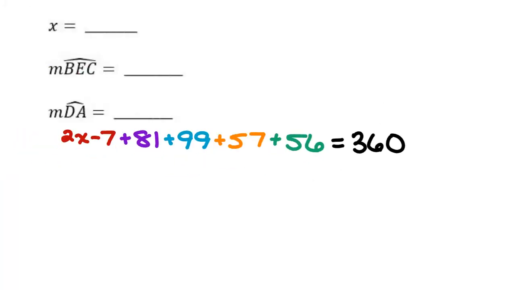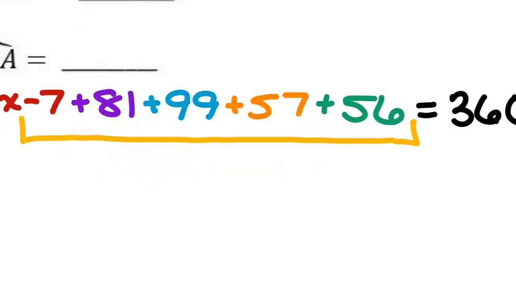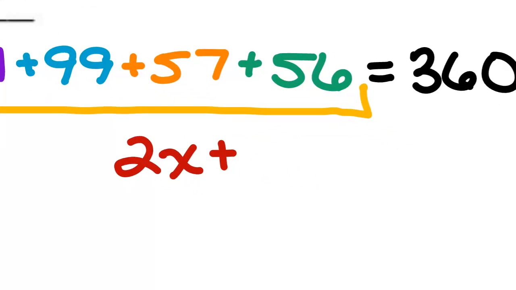So now we need to combine our like terms together. I have a negative 7 plus 81 plus 99 plus 57 plus 56. What do we get when we add those all together? 286.